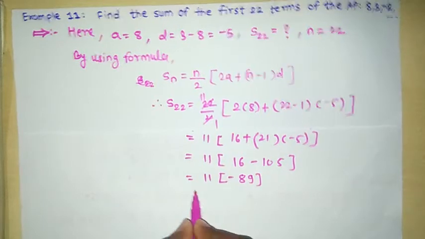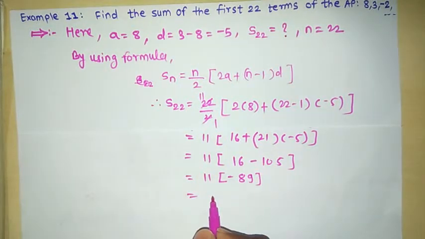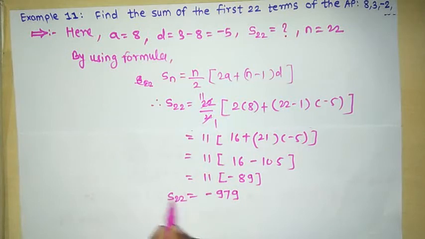Now 11 into minus 89 is equal to minus 979. Therefore we got here sum of the first 22 terms is equal to minus 979.